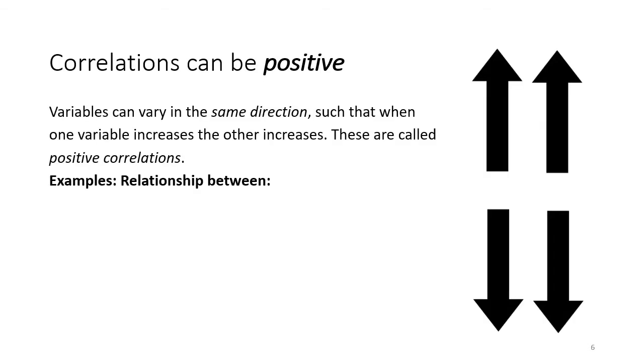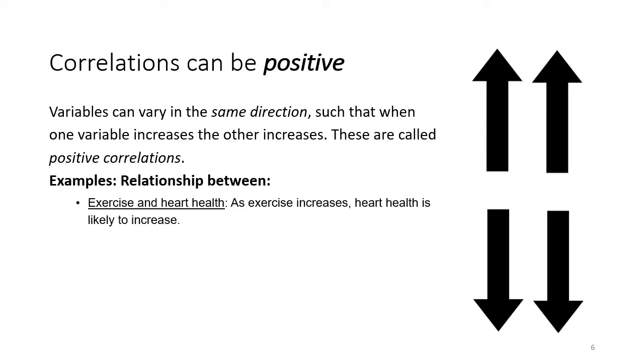So correlations can be positive, in which the values vary in the same direction, such as when one variable increases, the other increases. And these are called positive correlations. For example, the relationship between exercise and heart health.